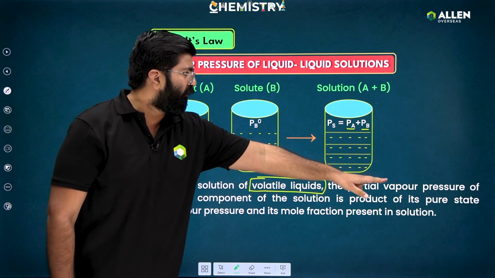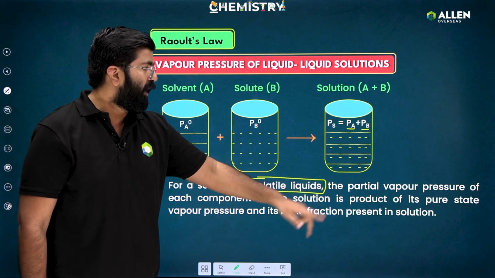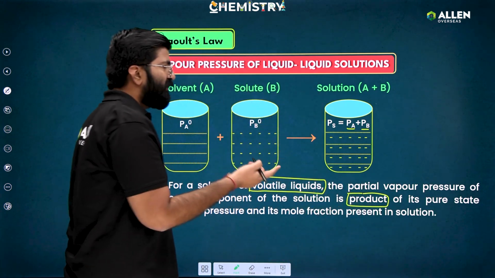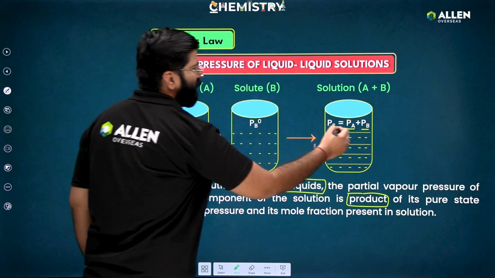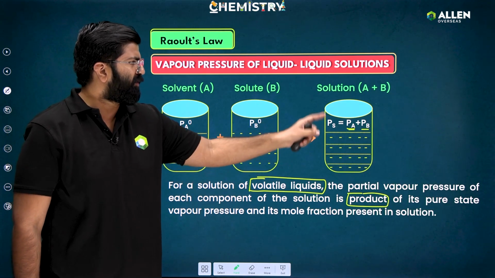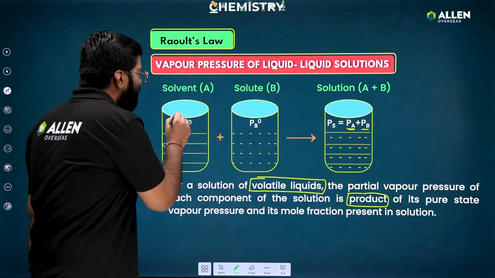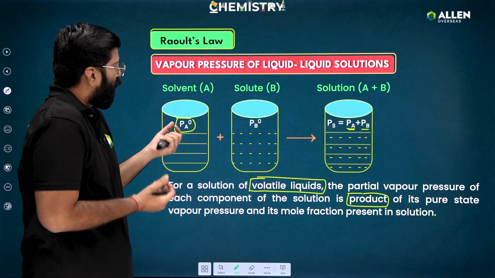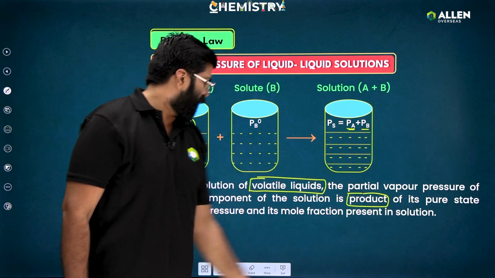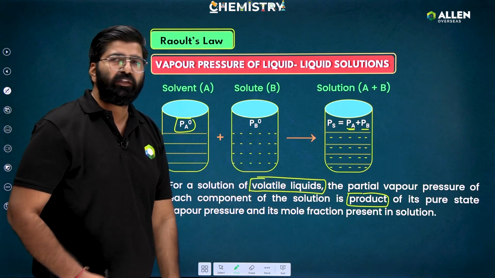The partial vapor pressure of each component of the solution is the product of its pure state vapor pressure and its mole fraction present in the solution.